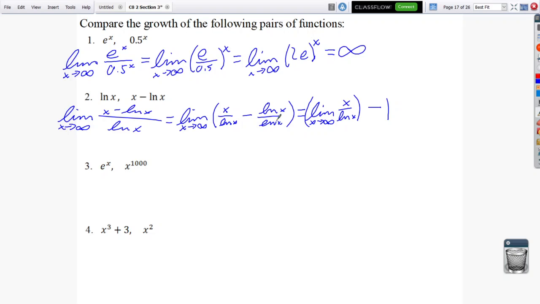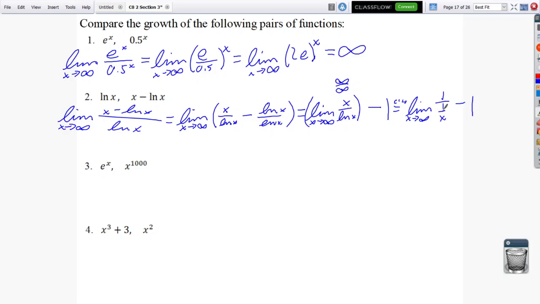Looking at this, I see this as infinity over infinity. So I'm going to use L'Hopital's rule. Maybe put a note in here just to satisfy myself that I am acknowledging an indeterminate form here. So here, I know that I'm going to have limit as x approaches infinity of 1 over 1 over x, minus 1. 1 over 1 over x is x.